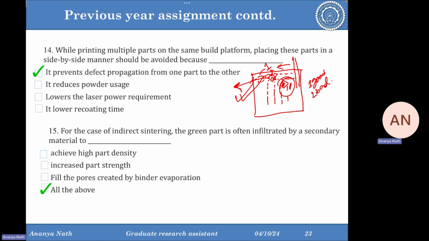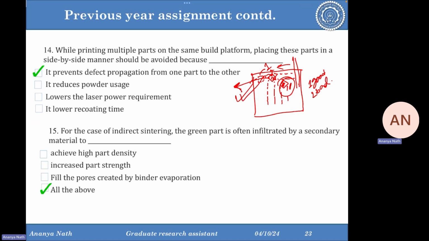If it is eroding the recoater blade, then the blade will not be able to spread the powder uniformly. The result will have a bad effect and produce defects in all other good parts. So this is why it's very important to place the parts over the build plate with some strategy.